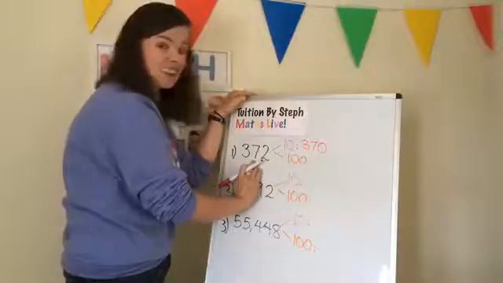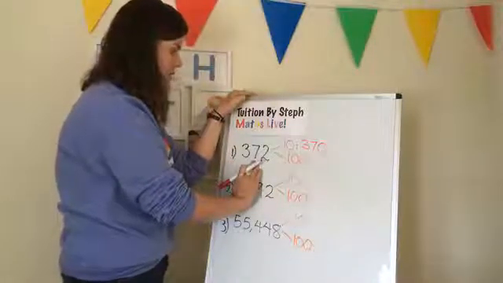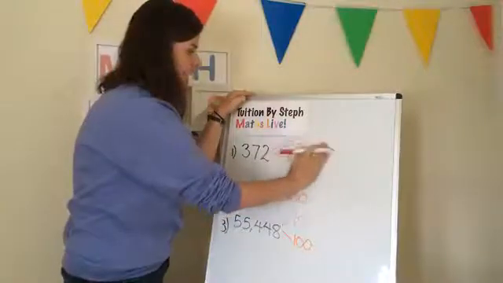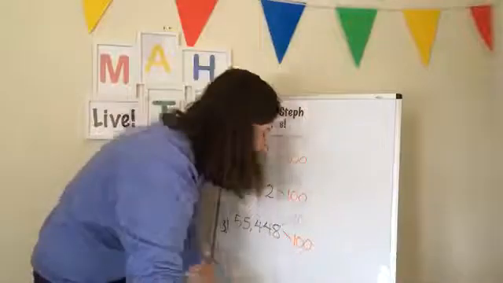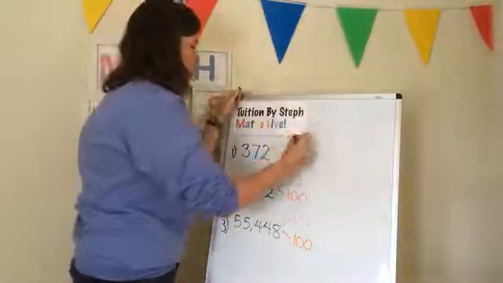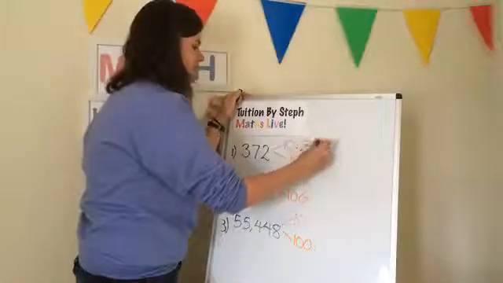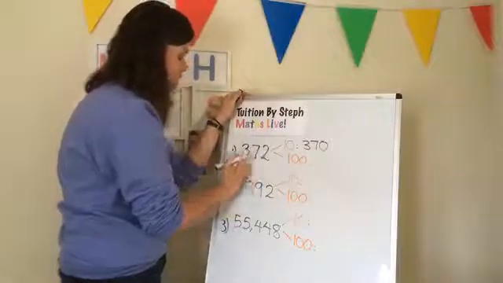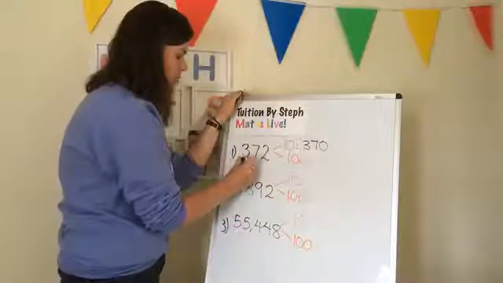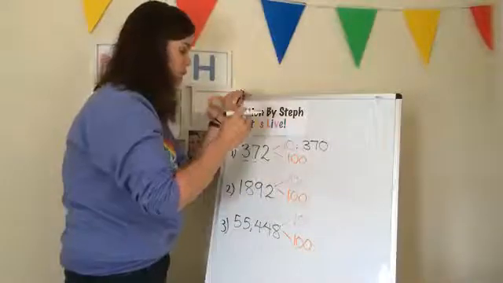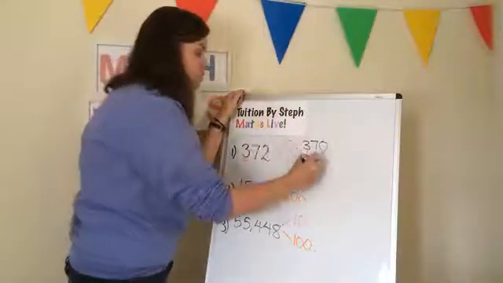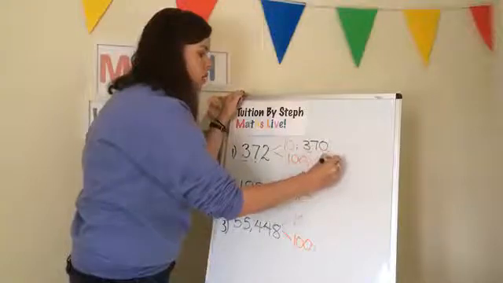So 370. And then to the nearest 100, focus on the hundreds column, and the 7 tells us what to do. Because it's 7, it tells us to round up, so it's not going to be 300, it's going to be 400.